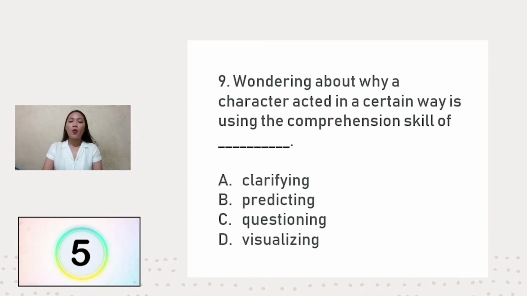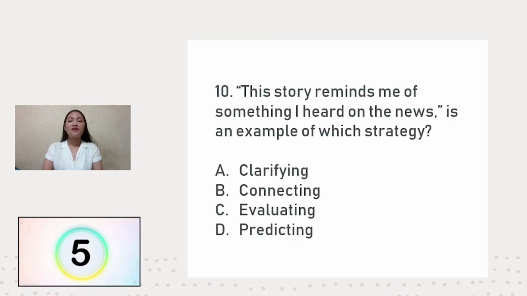Number 9. Wondering about why a character acted in a certain way is using the comprehension skill of A. Clarifying, B. Predicting, C. Questioning, or D. Visualizing. And the last number, this story reminds me of something I heard on the news, is an example of which strategy? A. Clarifying, B. Connecting, C. Evaluating, or D. Predicting.